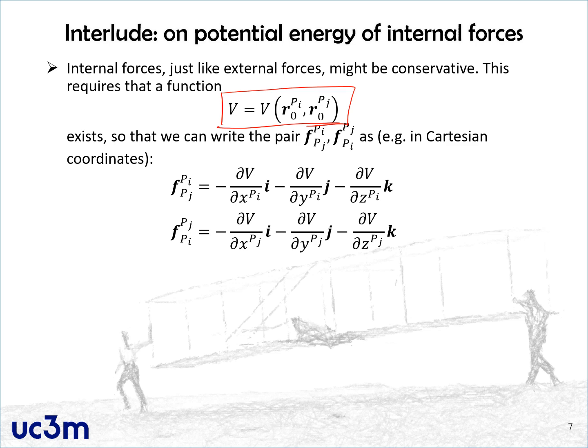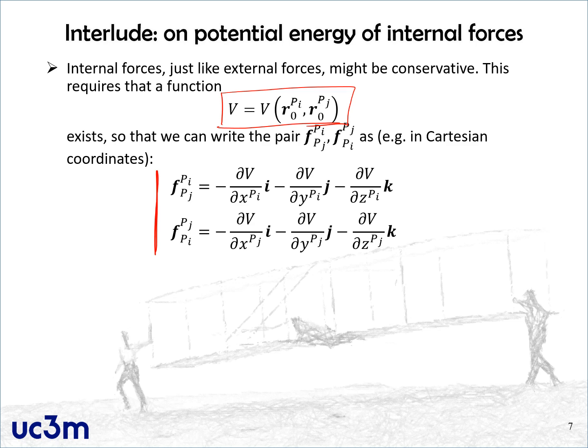Here we are again considering just these two particles, Pi and Pj, as in the previous slide. So if this pair of forces is conservative, that means that this function exists and that the forces can be expressed in this way. If we are using Cartesian coordinates, for example, we can write down the internal forces, the two of them in the pair, as the derivatives of this potential function with respect to each of the coordinates.